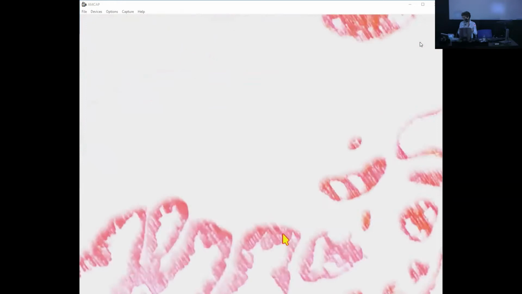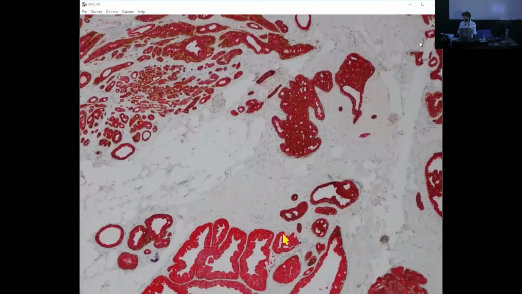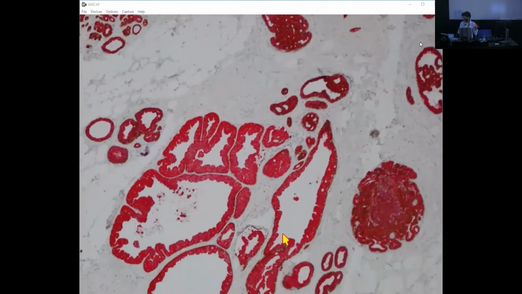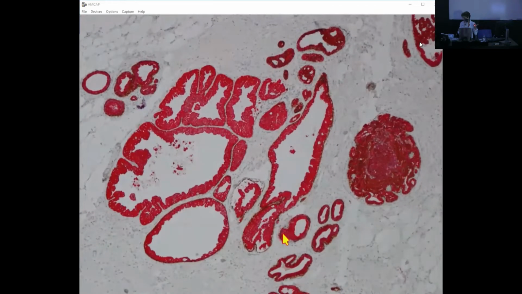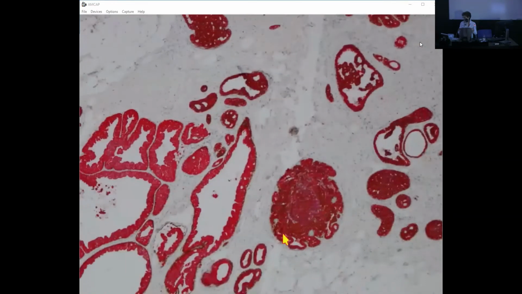Just for your interest, there is another stain that I often do and like very much, a cocktail of antibodies that includes P63 and CK5/6, CK14, the basal cytokeratins, and CK7 and CK18, the luminal cytokeratins.